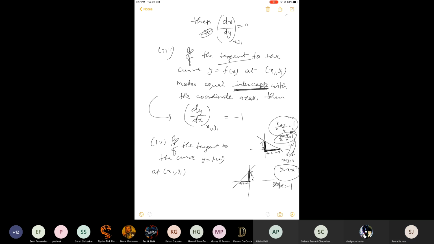So the tangent to the curve y equals f(x) at x1, y1 is equally inclined to both the coordinate axes, or let me use the plural form, the coordinate axes. Then dy by dx equals.